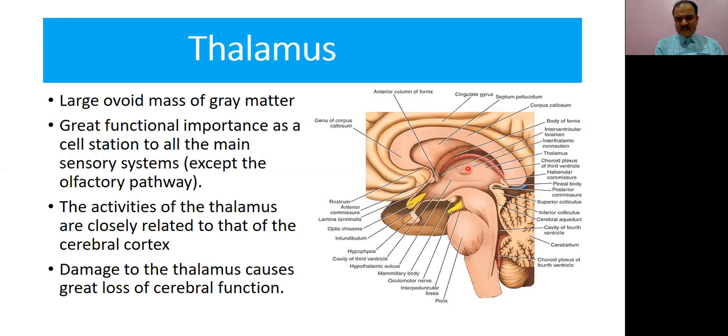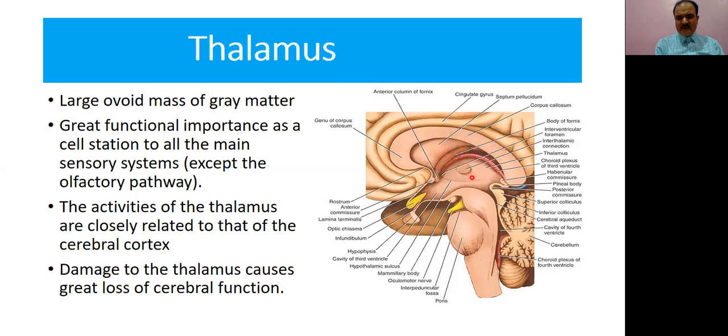The functions of the cerebral cortex are closely related to the sensory cortex of the cerebrum. All sensations which come from the body have to pass through this thalamus, and then they go to the cerebral cortex. If there is damage to the thalamus, the sensory input to the cerebral cortex is interrupted.